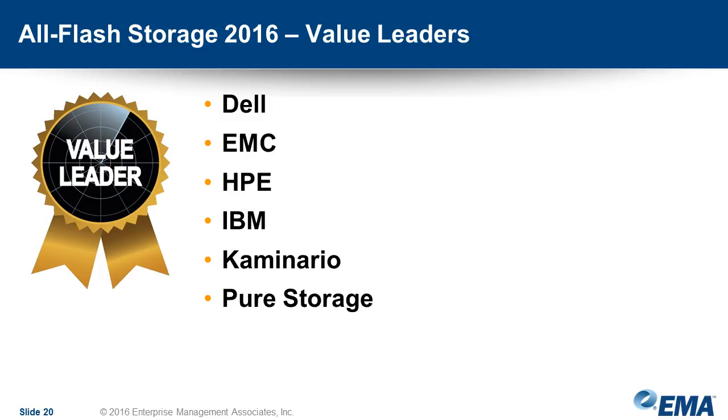If I take a look at IBM, they have a recent addition, the A9000R. One of the things that really impressed me about the A9000R was its new user interface. It provides a very holistic view of the management experience: provisioning, monitoring, troubleshooting. These are all available from a single screen.